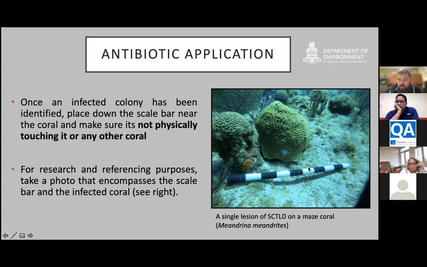And if this is not possible and you're on a wall dive and the coral's on the wall, just place it in front of the coral or just below it. But by no means ever put it on the coral itself. That's because we don't want to risk the transmission of disease. We don't want to be adding to the problem. So when you're ready to take your picture, just make sure you've got the coral and the scale bar in the frame. Once you've got that, you're good to go. Pretty simple.